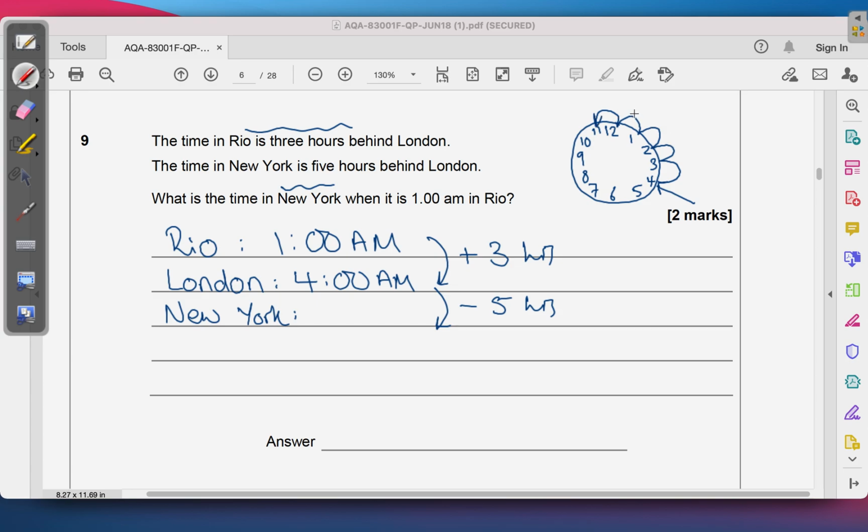We were in AM here, this was all AM, but because we've gone back past the 12, this is all now PM. So it's 11 PM. That's the answer.